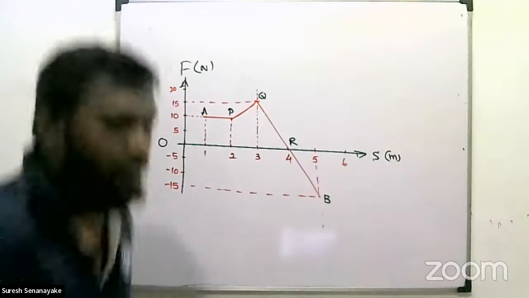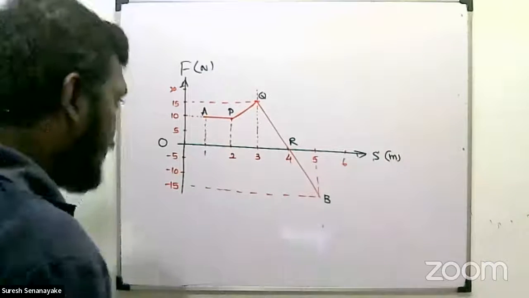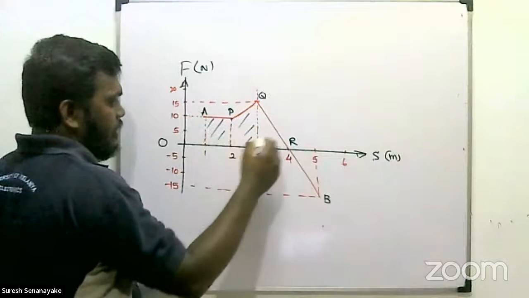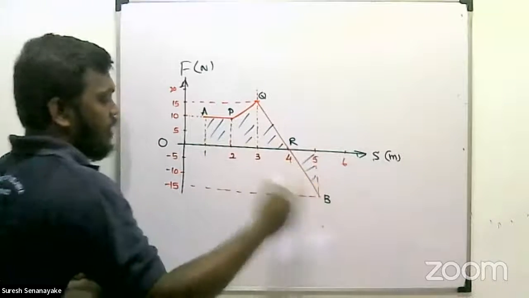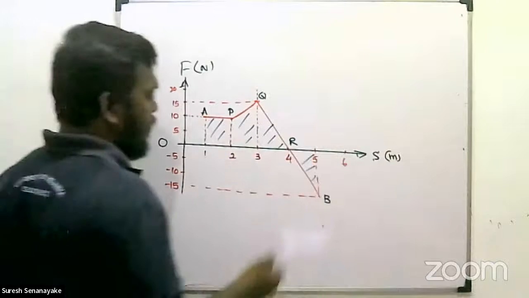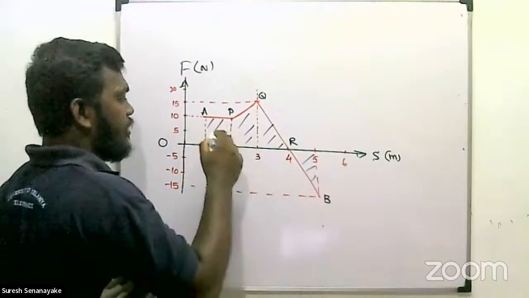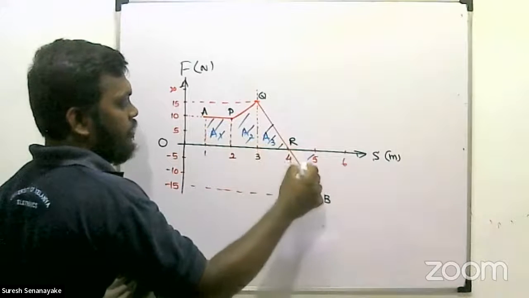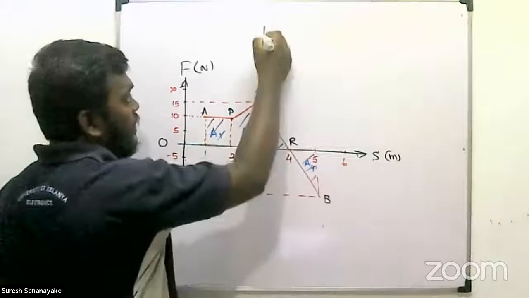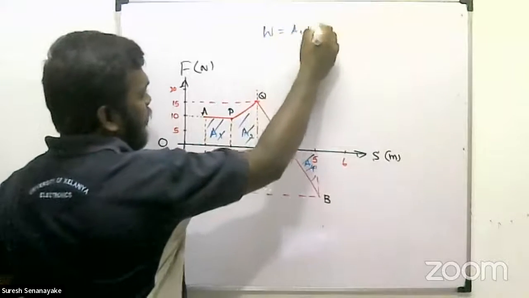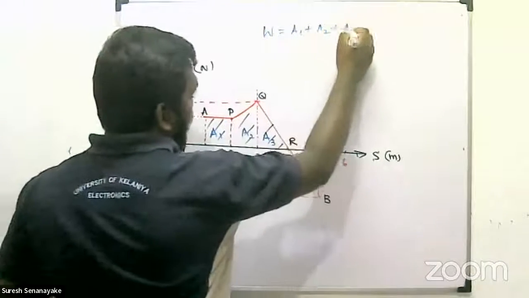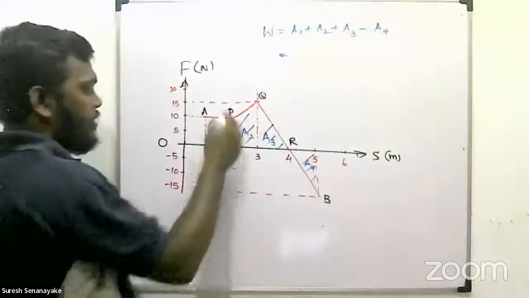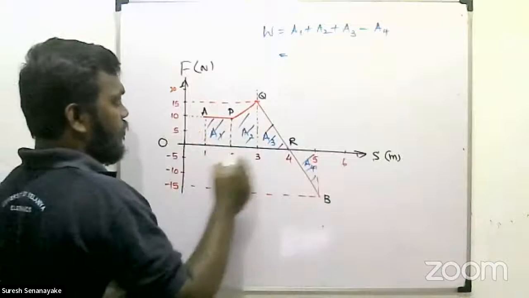You need to consider all the areas. Here, this area, this one, and this one. So how can we get this area? I'm considering them as A1, A2, A3, and A4. Total work done is the sum of the areas of these, subtracting this last one. This area you can write as 10 into 1.